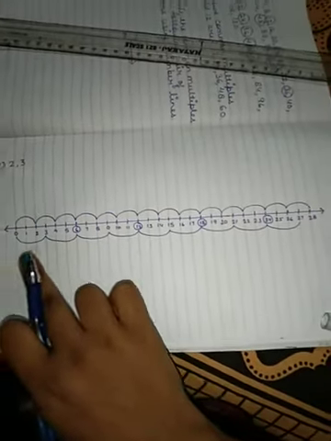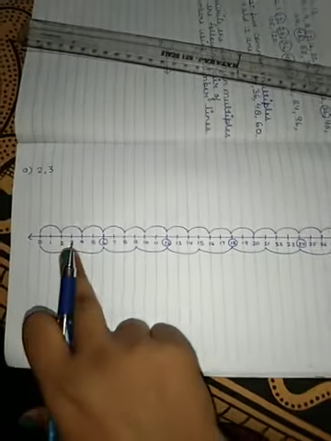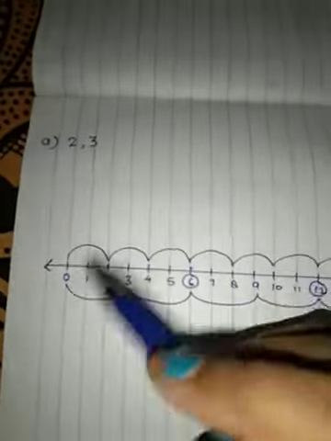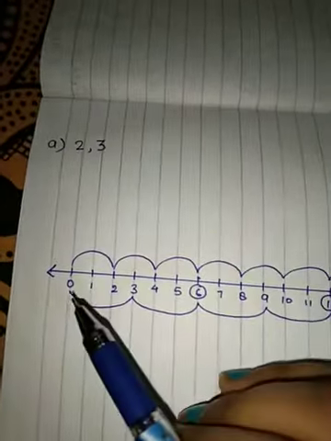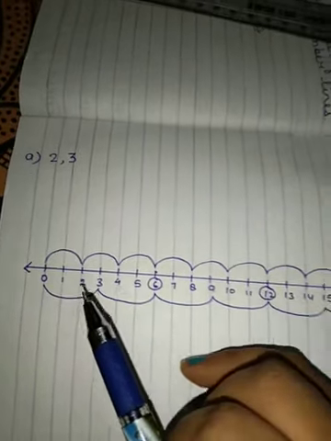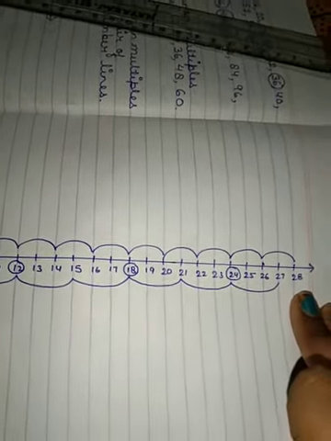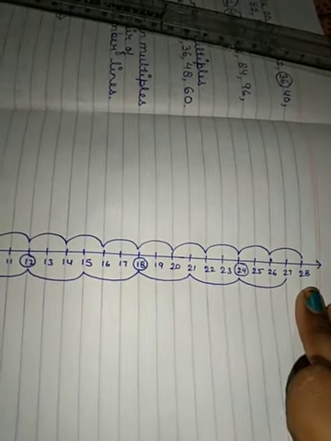You can see here I have drawn it across the full page. One line I have drawn, and then leaving one line I have written the numbers 0, 1, 2, 3, 4, 5, 6, 7, 8, 9, 10. Up to where you can write depends on your copy, how much space it has. So you can write the numbers that much.